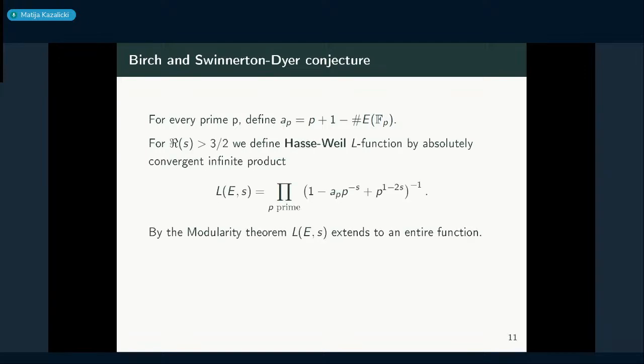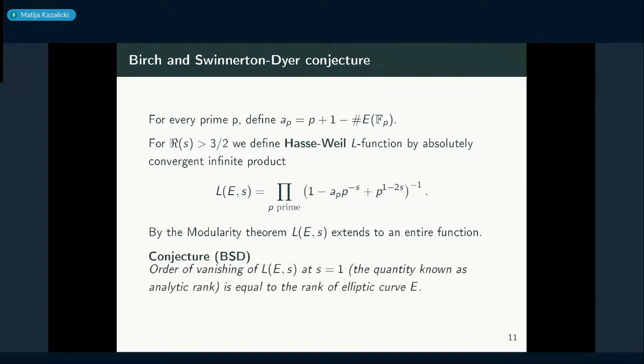And we can define a Hasse-Weil L-function using these numbers. We can define it as a convergent infinite product, where s is a complex number with real part greater than 3/2. The famous modularity theorem tells us that this L-function then extends to an entire function on the whole complex plane.